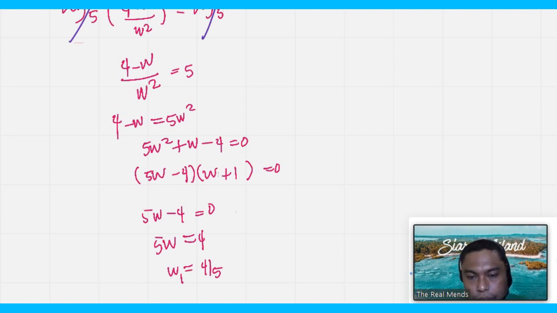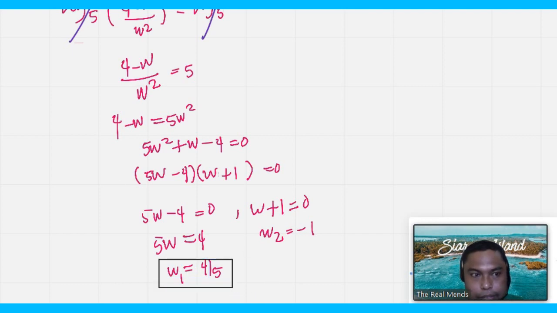For the second value of w, we just equate w plus 1 is equal to 0. So our w2 is just equal to negative 1. Therefore, this will be our answer. We have two values.